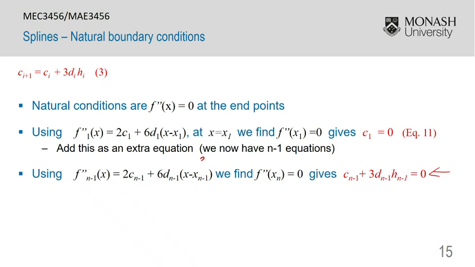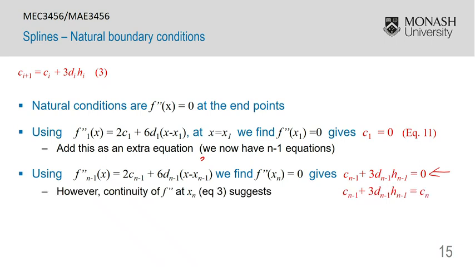However, continuity of our spline at the node point suggests that if we defined an extra spline that went from point n to point n plus 1, even though there isn't a point n plus 1, the second derivative of that equation would be equal to Cn. Therefore, this thing that we've calculated here is equal to Cn.